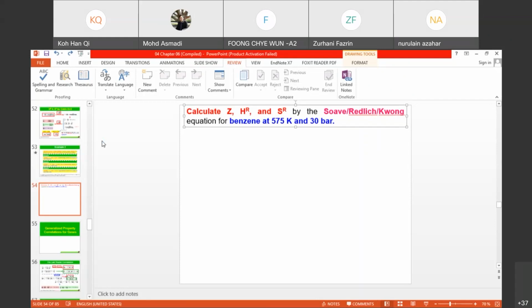Not the integration, the derivation part. Just use this one; Peng-Robinson is the same. So the rest is similar to Redlich-Kwong.